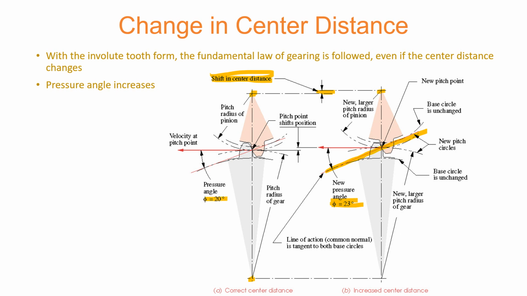In the example that we have drawn, the pressure angle was equal to 20 degrees, but when you increase the center to center distance a little bit, obviously it makes sense that this pressure angle is going to be a bit larger.